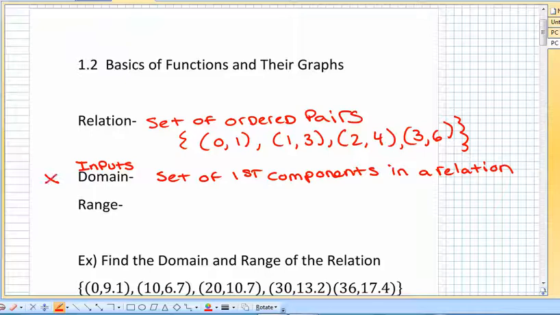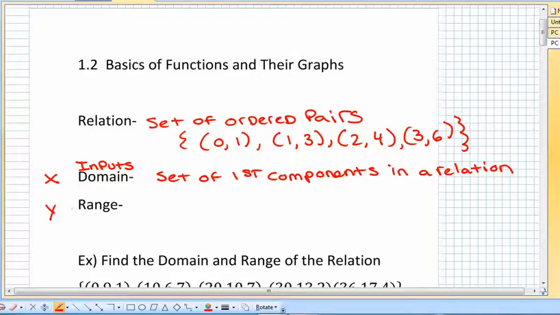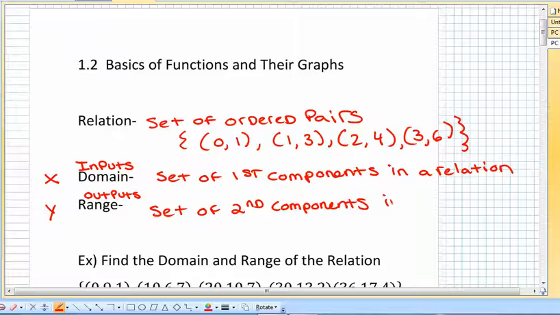A lot of times we refer to them as the x values. The range, which we refer to a lot of times as the set of y values or outputs, is basically the set of second components in a relation.